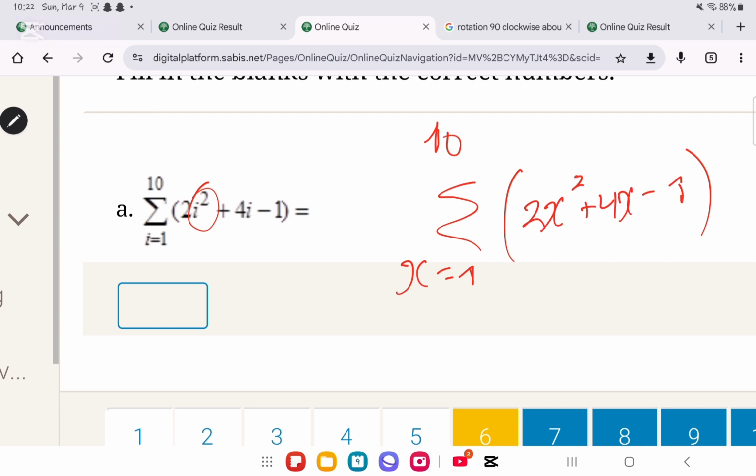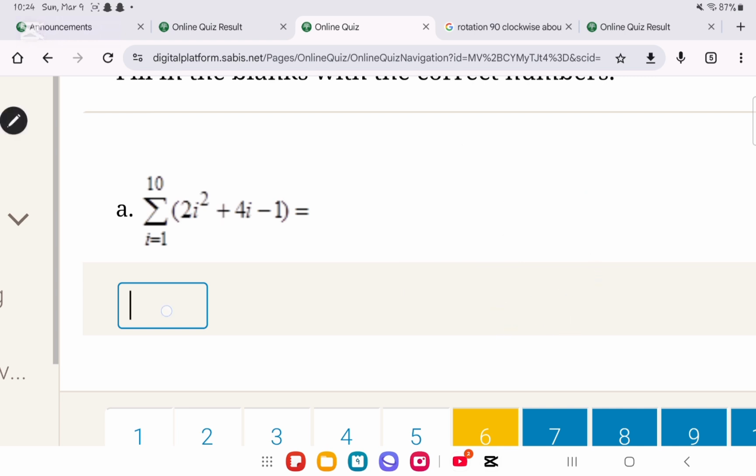So on the calculator, you do 2, alpha x, squared, plus 4, alpha x, minus 1. You put it on the calculator, 10, x equals 1, 2x squared plus 4x minus 1, and you're going to get the first answer to be 980.